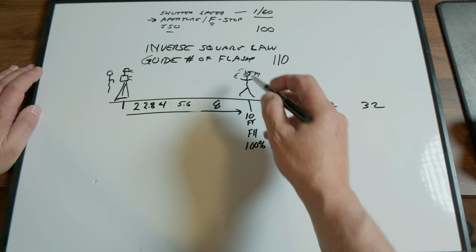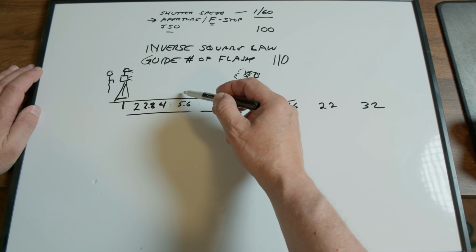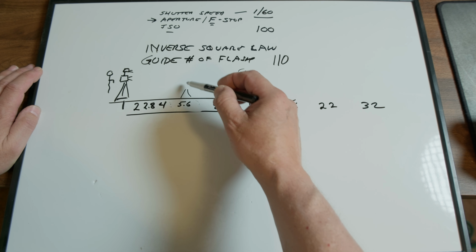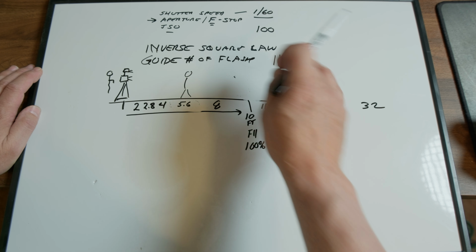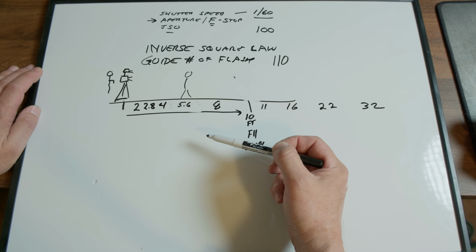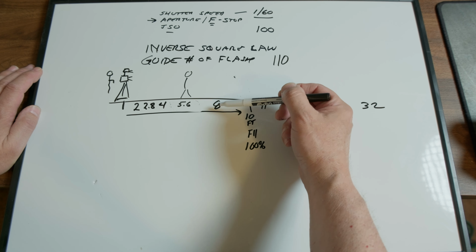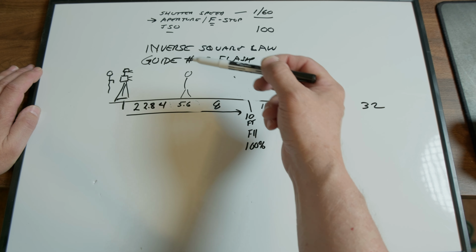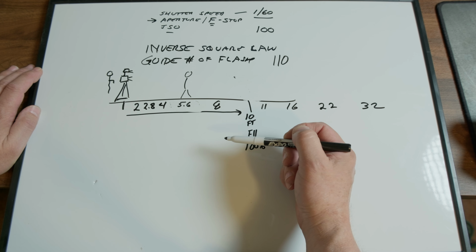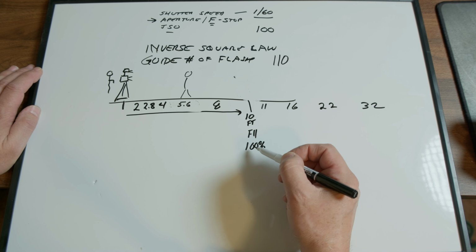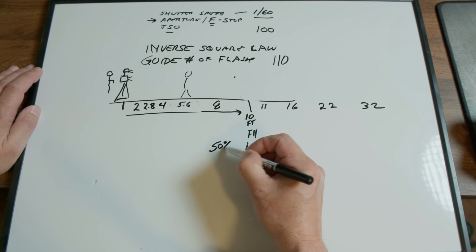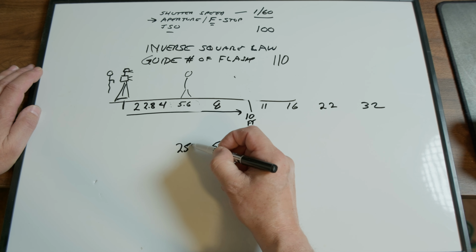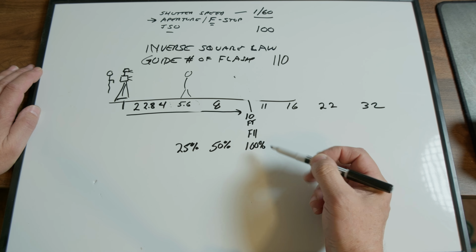So one way to compensate, let's say your subject's at 5.6 feet, okay? And not 10 feet. At 5.6 feet, you have to close down 2 stops or reduce your power twice, okay? If you're at 100%, you need to be at 50%, and here you need to be at 25%, all right?